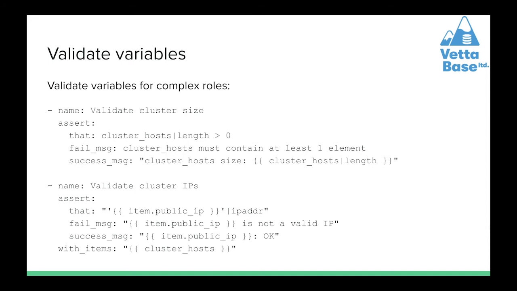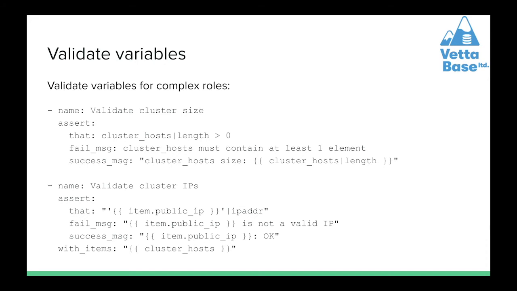I check that the result is greater than 0. In the second example, I validate every item in the list cluster hosts. You can see the special with items attribute, and I say that each item should be a valid IP address.